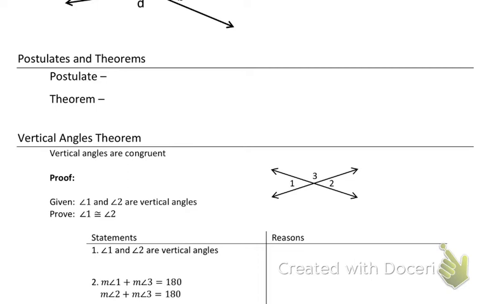So it's a statement accepted as true. A theorem is a statement that needs to be proven, a statement that is proven.